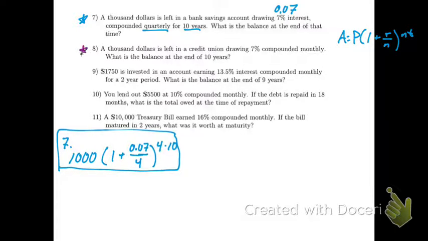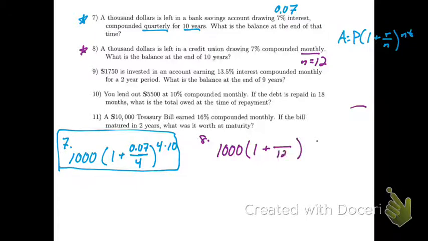For 8, 8's going to be in purple. So $1,000 is left in the credit union drawing. Okay, so it's $1,000. That's the principal. If it's compounded monthly, that means n is equal to 12. So we already know it's going to be 1 plus something over 12, and then this times this.